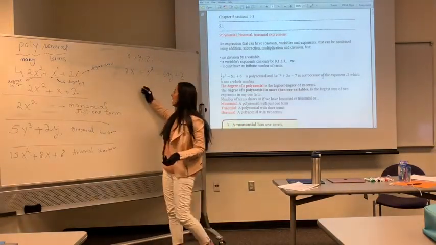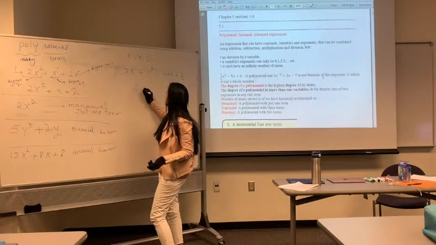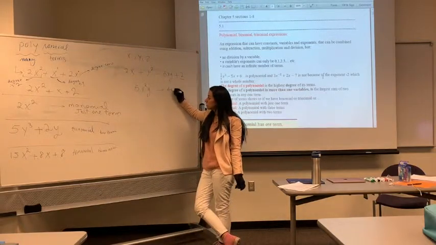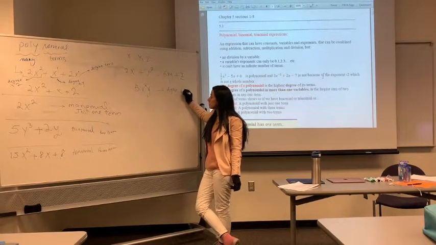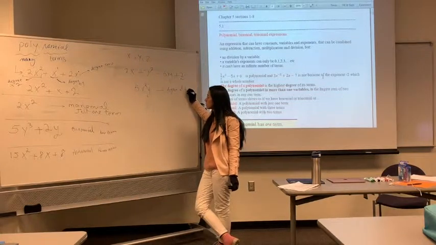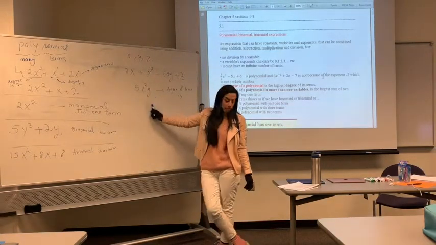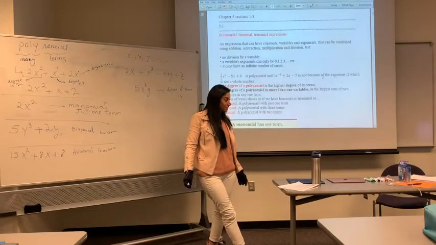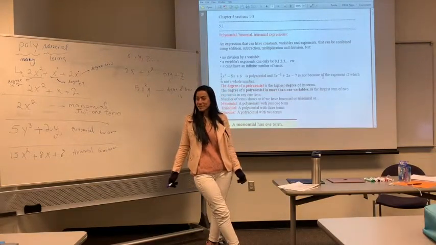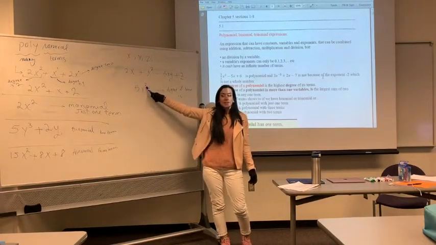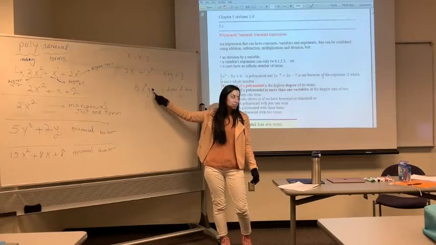And then imagine if I have 5x squared y. Now think about this. The degree is 3: 2 here and 1 there.